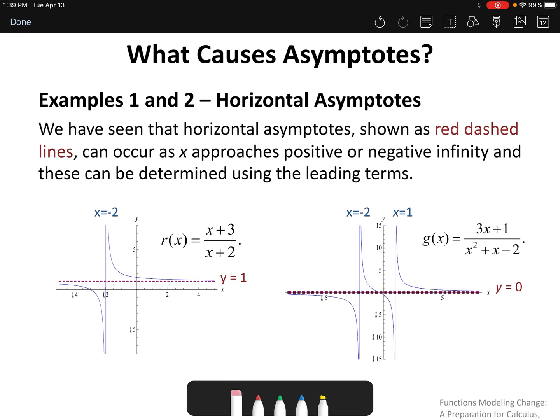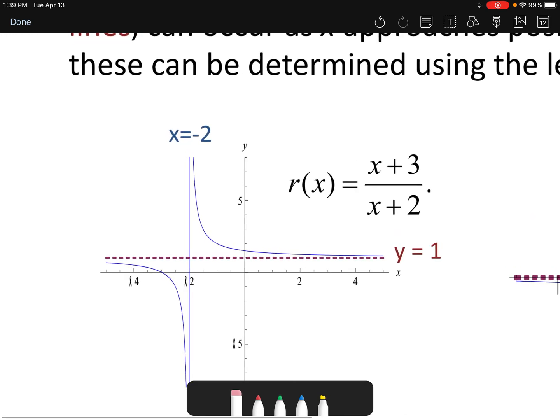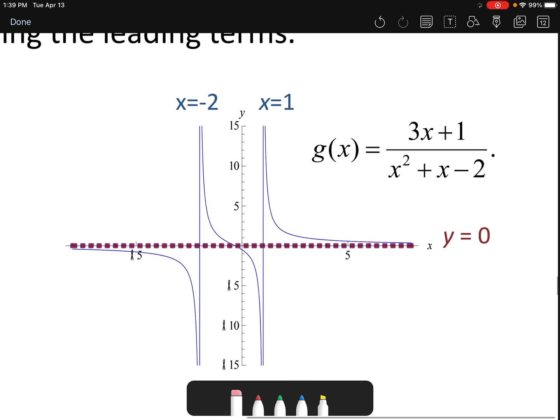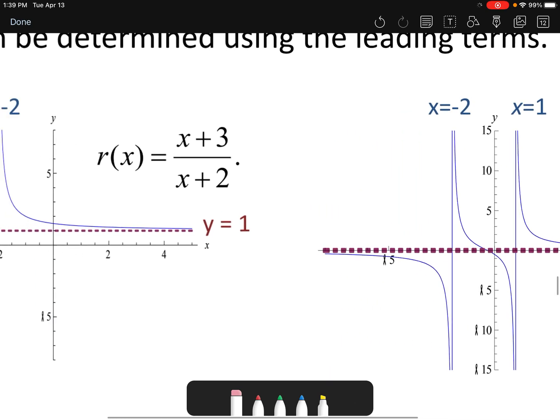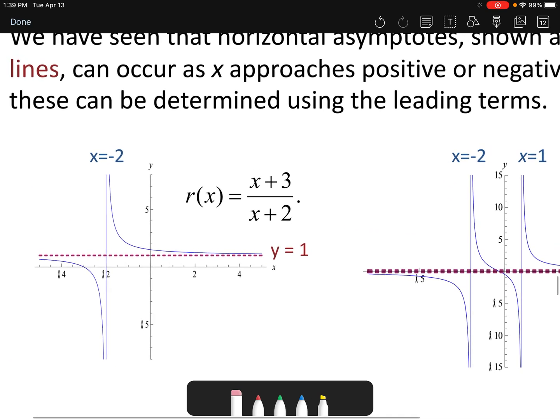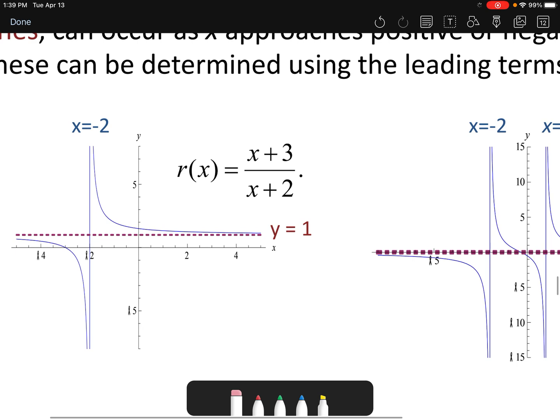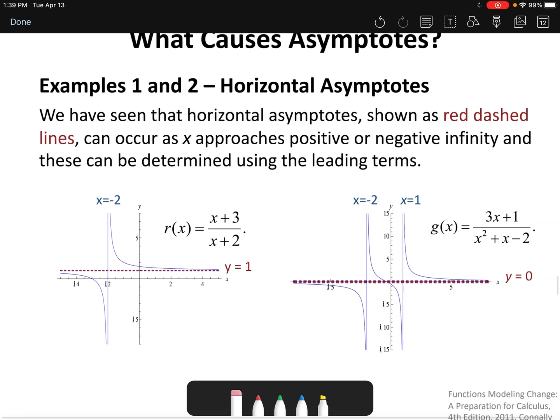Now, what causes asymptotes? That's a great question. Well, the red dashed lines here on (x + 3)/(x + 2) and (3x + 1)/(x² + x − 2) are found simply by taking the leading term over the leading term. So the horizontal asymptote is found by finding the long-run behavior in both directions, whether it's negative infinity or positive infinity.